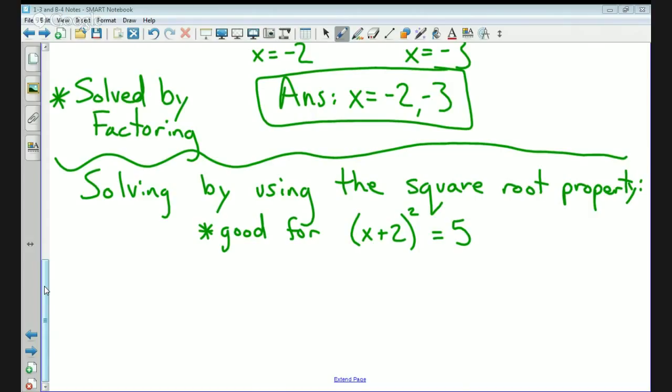So they've given you this thing where you're able to get this perfect square in there, this x plus 2 squared, they call that a perfect square, and then equals something. And with the square root property, we would just take the square root of each side. And it's very important to remember when you take the square root to solve, you better put in this plus or minus on the other side.